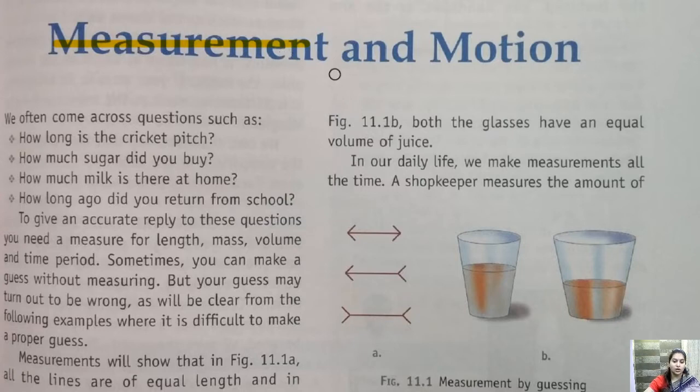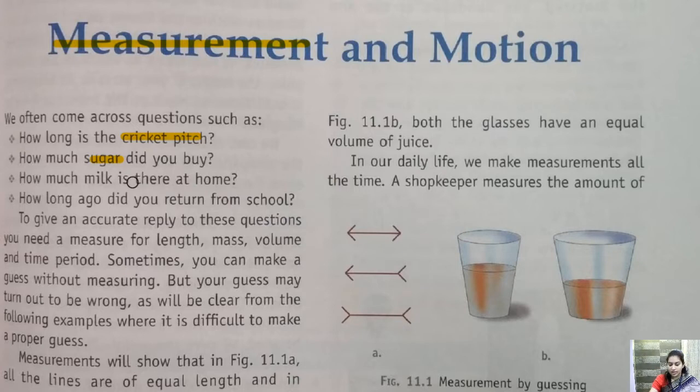We can measure the length of the cricket pitch, we can measure the amount of sugar that we are adding in something. हम क्या कहते हैं? Add 1 spoon of sugar or add 2 tablespoons of sugar. So the thing that we are actually seeing as a quantity that we can measure is called measurement.